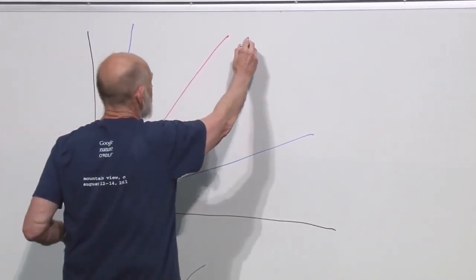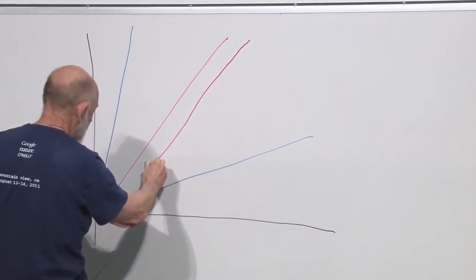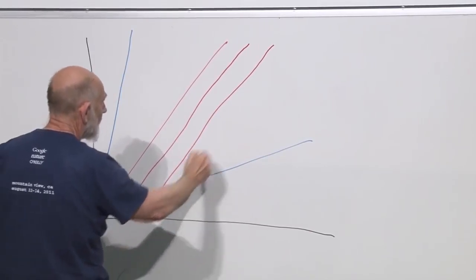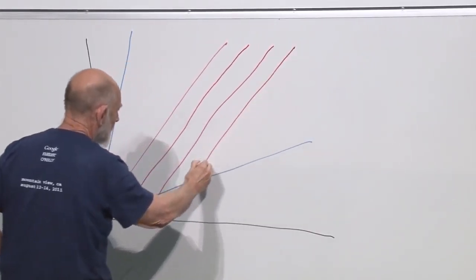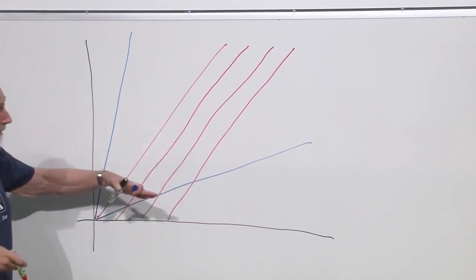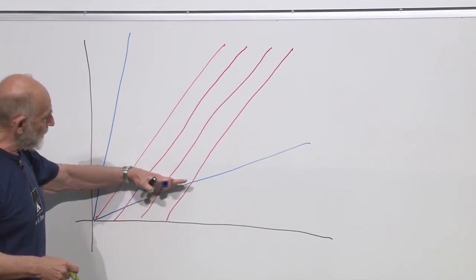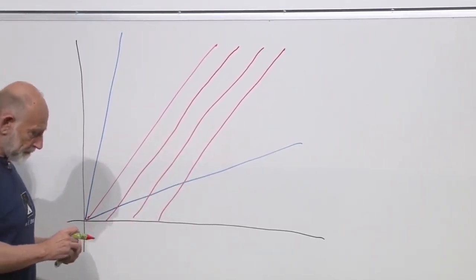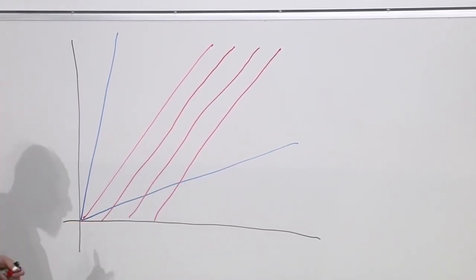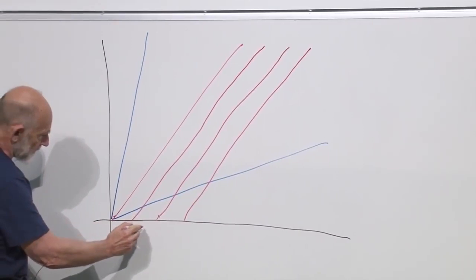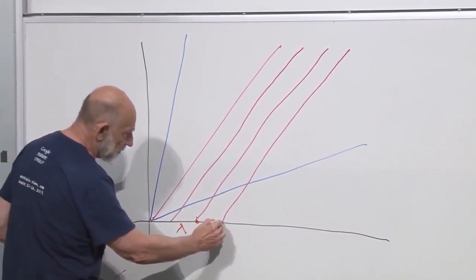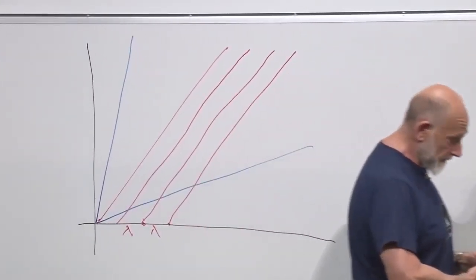So they're going to look like this. Notice that as you move up, meaning as time goes forward, the wave moves to the right. So that's a right-moving wave. And what's the wavelength? The wavelength in your frame of reference is this distance over here, the distance between successive maxima.